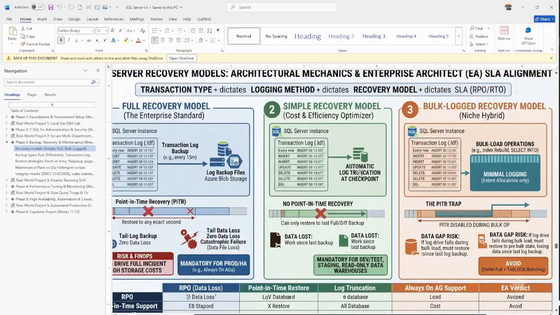See, let's say you have a transaction log here. In this SQL Server instance, there is automatic log truncation at a checkpoint. Here in the simple recovery model, no log backups are taken.